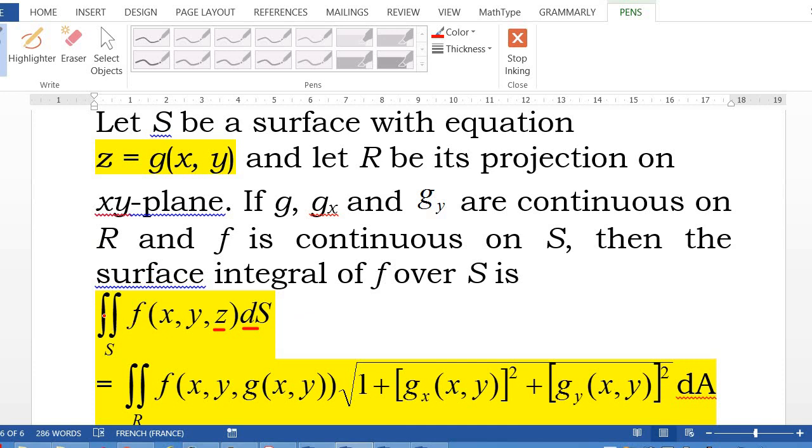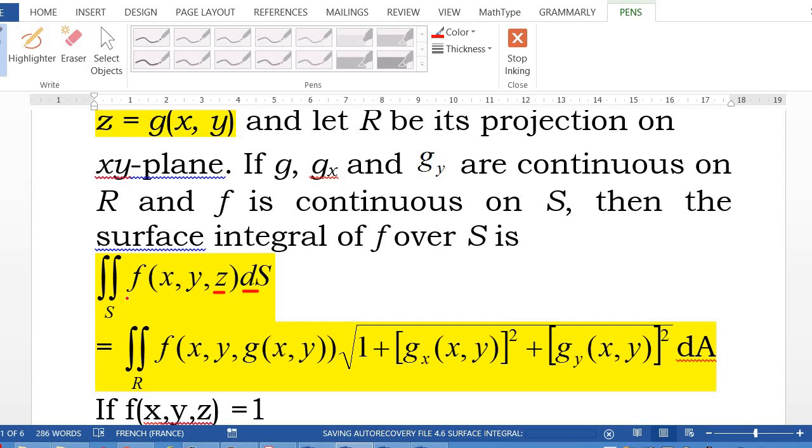In this form, we conclude what we have learned. The surface integral of f(x,y,z) ds represents the mass of a lamina in 3D space, where f(x,y,z) represents the density function.